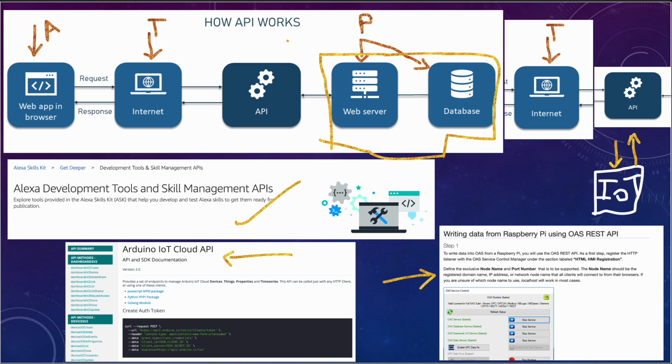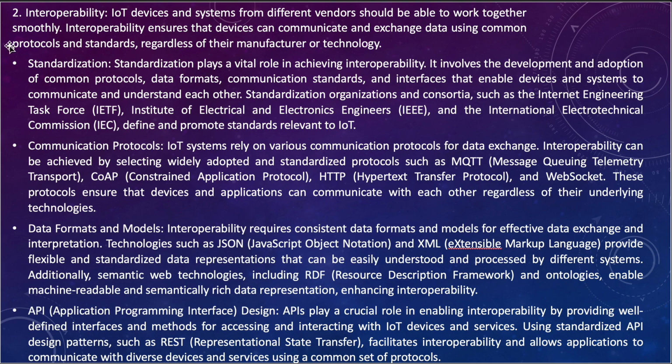So that means there should be a middleman to translate these data to an understandable form, and APIs are the ones that do that, right? So in interoperability, APIs play a very crucial role.